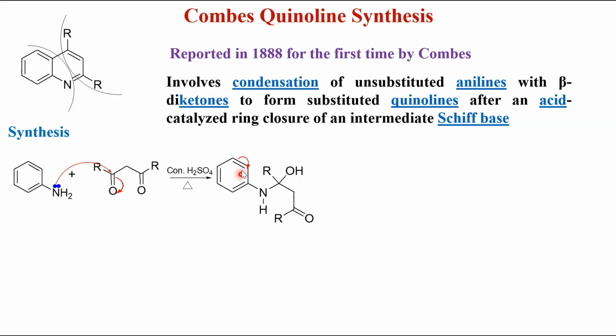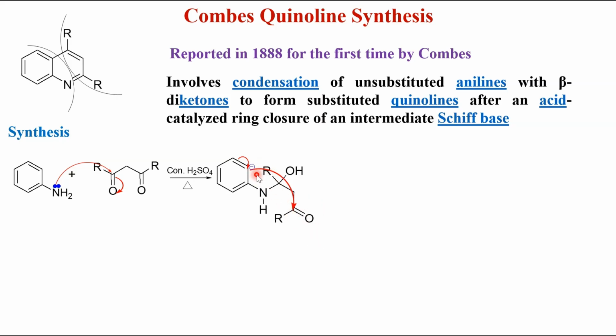Then the pi electrons move towards the carbon, generating a carbocation. And here is the carbonyl carbon, an electron deficient center, and here is an electron rich carbon. Unlike poles attract each other, they are near to each other.